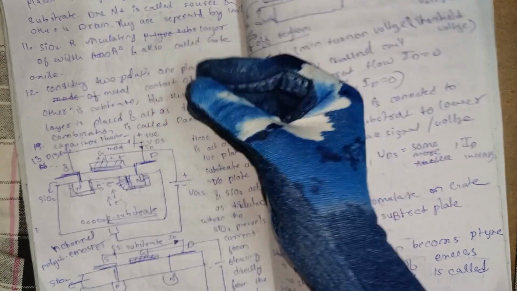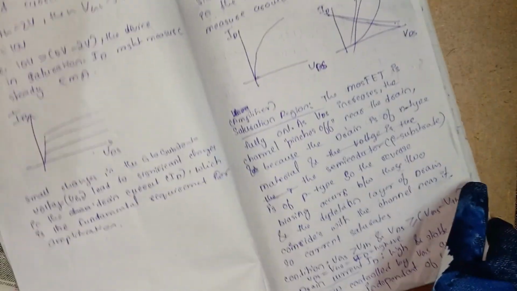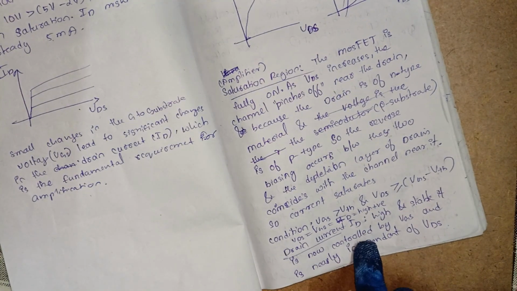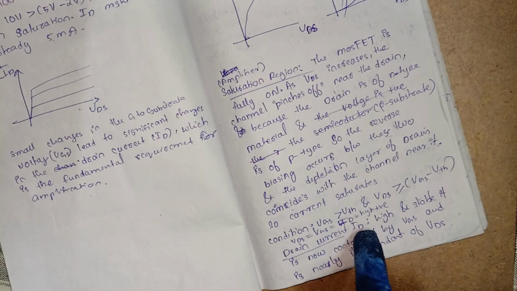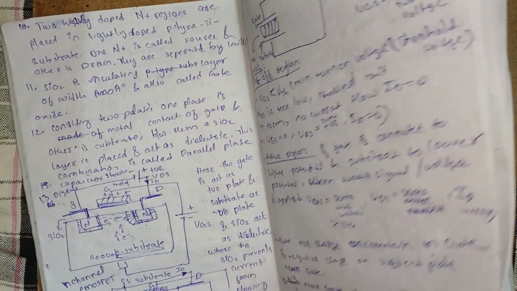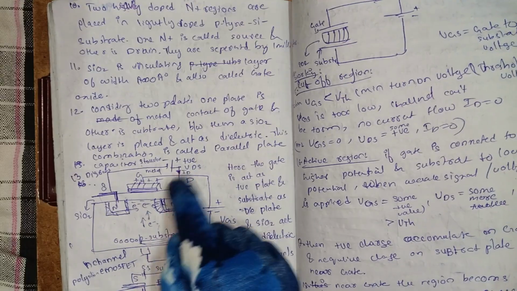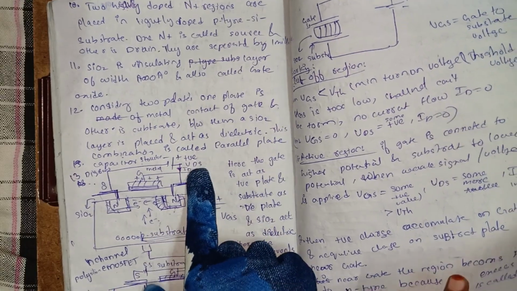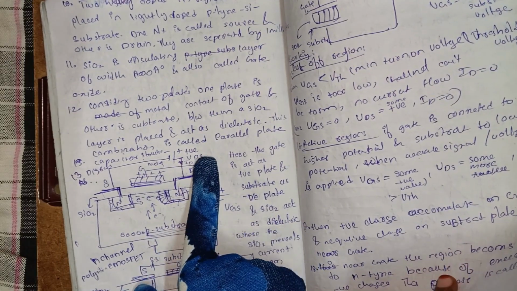So as we increase VDS, the ID current is controlled by VGS, not by VDS. So if we increase and increase VDS, the ID becomes independent of VDS. Why?